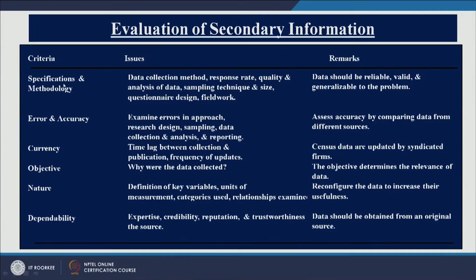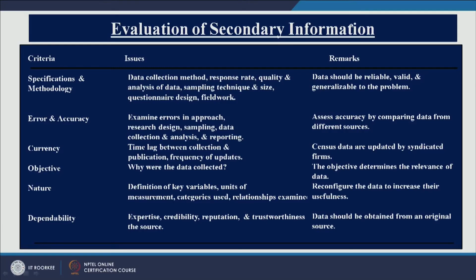What was the sample size, why that particular sample size, who designed the questionnaire, how many questions were there in that questionnaire, who did the field work, who collected the data, and so on.